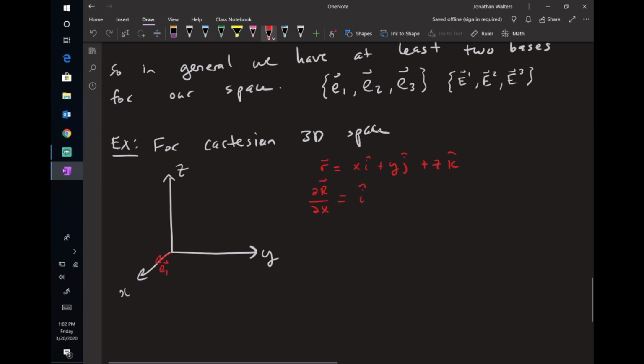We would just get i hat, so e1 would just be i hat. Partial r, partial y would just be j hat, so e2 would be j hat. If I divide by 1, it doesn't change the vector. And partial r, partial z would be k hat, so e3 is k hat. That's what we call the tangent basis, the basis of tangent vectors to the radial vector.